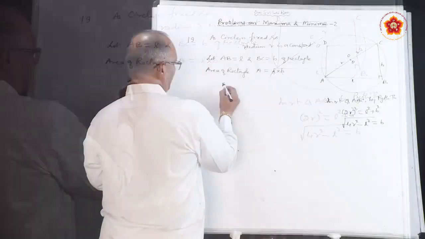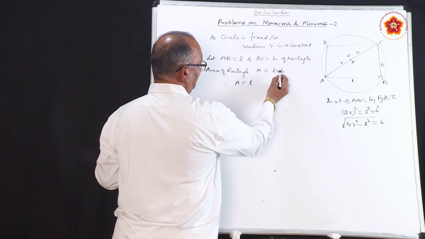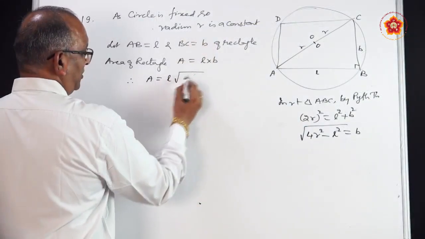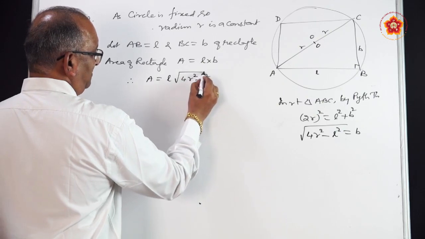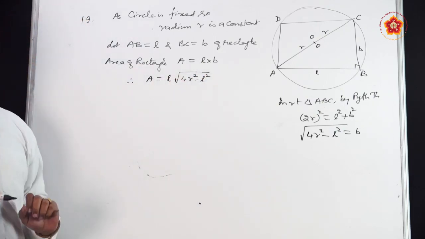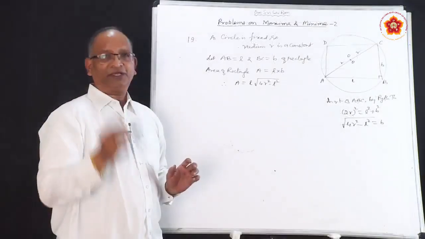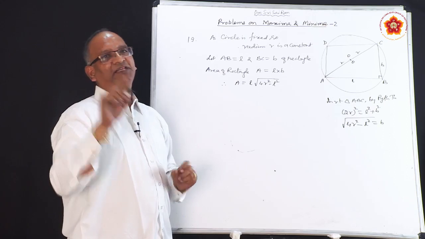Hence, A is equal to L, and in place of B we substitute the square root of 4r square minus L square. Remember that in this relation, r is a constant, so you don't need to worry about it. There is only A and L changing. A is changing with respect to L.